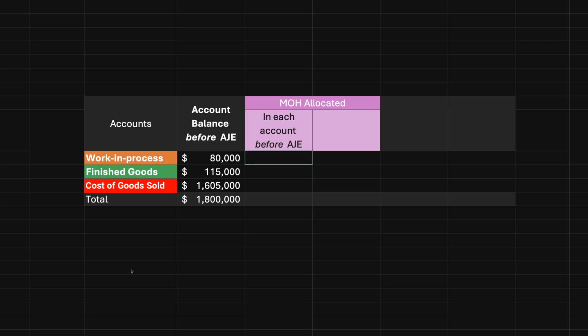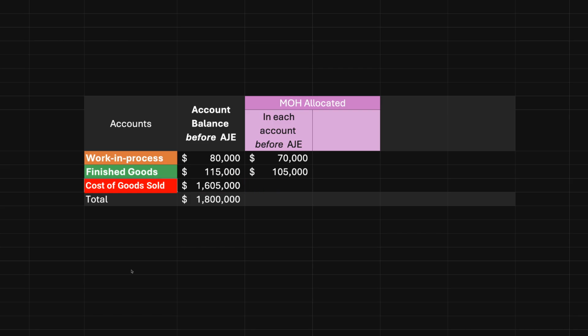So I will give you this information. Inside of work in process, the 80,000 ending balance, we'll say $70,000 of that is manufacturing overhead that was allocated to the account. Inside of finished goods, the ending balance is 115,000, and we will say of that 115,000, 105,000 of it came from manufacturing overhead that was allocated.